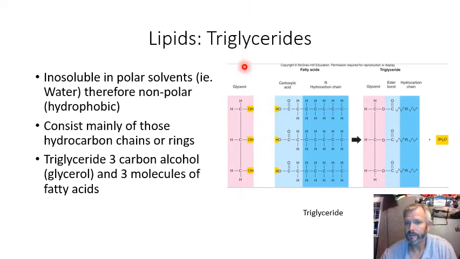Then if we need energy, we can break these down, hydrolyze them, form our fatty acids again, and we'll see later we can use these fatty acids to create energy. We can get a lot of ATP from each of these fatty acid chains. So it is a good storage molecule for when we need energy.